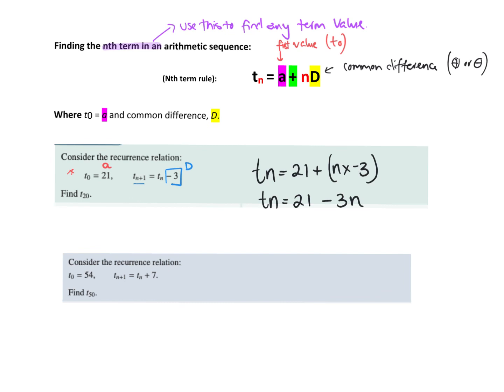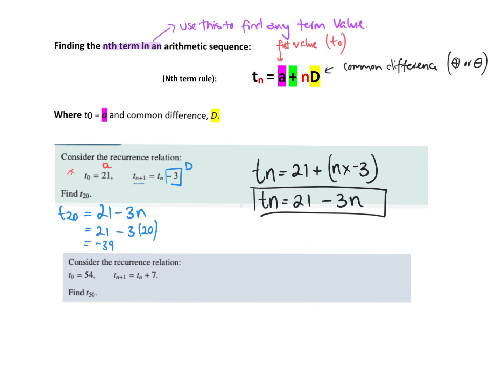So either one's right. So now I have a generic formula to find any term. So when they ask me to find T20, here's my formula. Every time I see n, I'll put 20 instead. So we go 21 minus 3 times 20. So what's that going to be? Okay, so -39. So you can see I got there quicker.